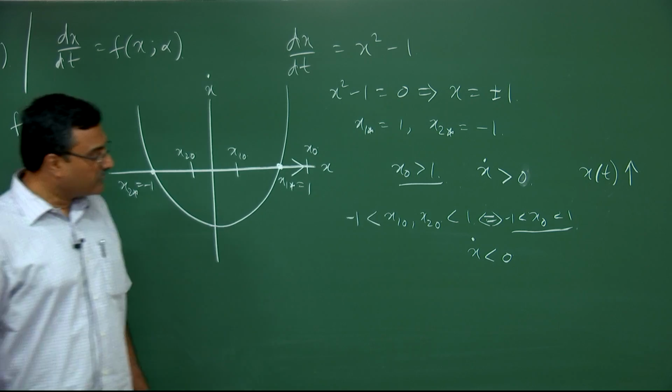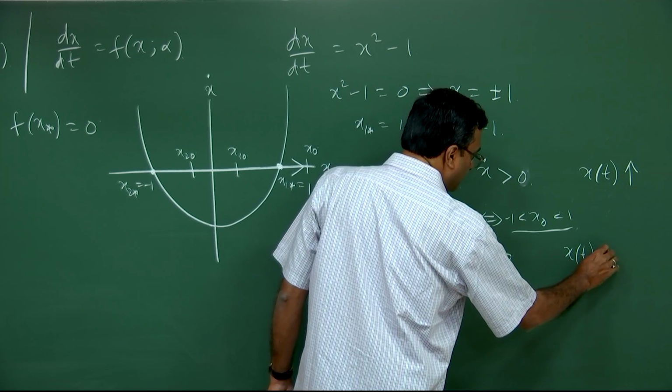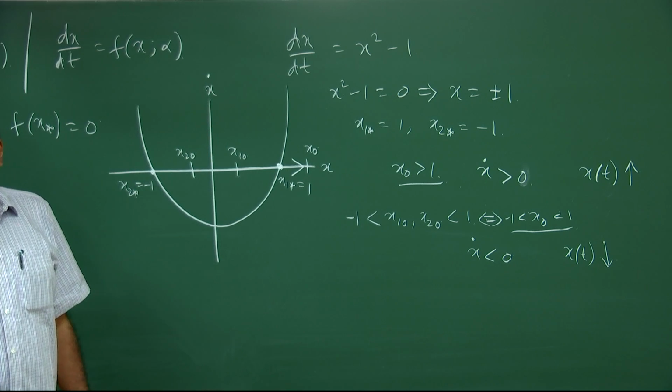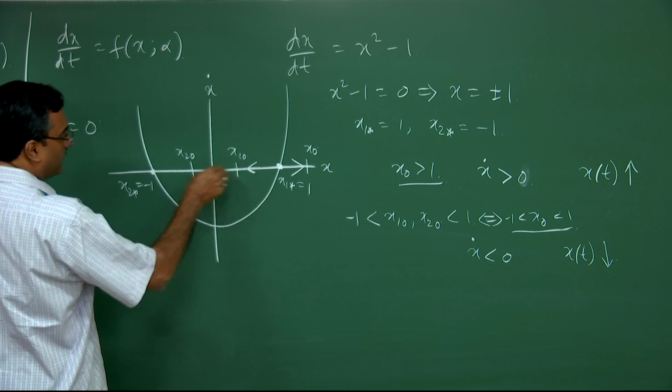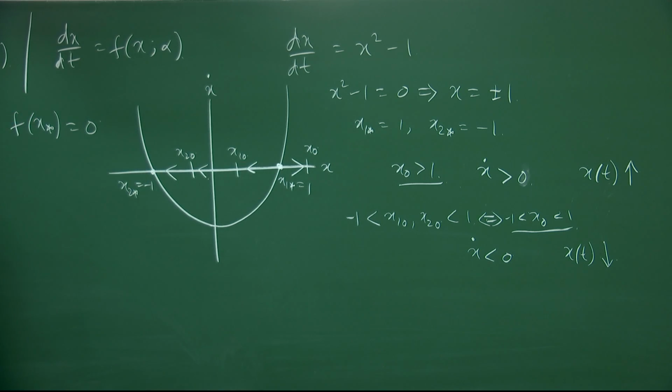Once x dot is less than 0, x(t) is decreasing. So on this part the direction of the solution trajectories is towards this way.